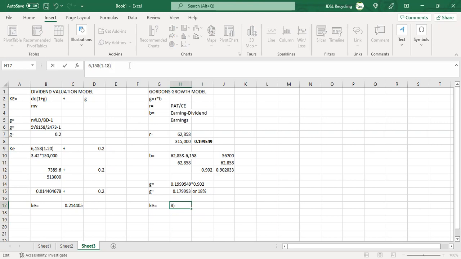We close our bracket, divided by market value, that is 3.42 multiplied by 150,000. All this will now be what? Plus growth 0.18. Figure me.